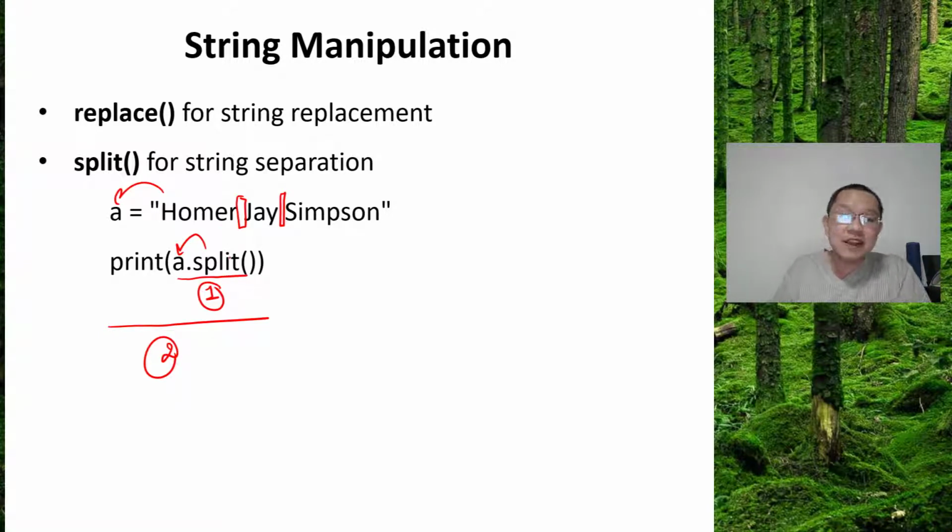In this case, the split function is called by the A variable. So the output of the split function will be an input for the print function to work and give the next result.